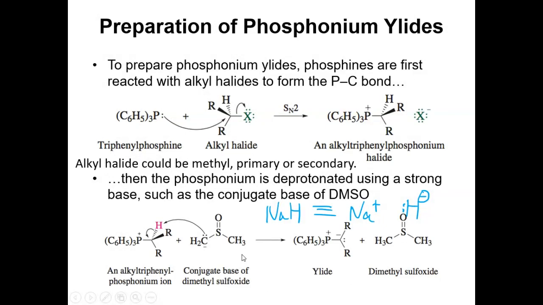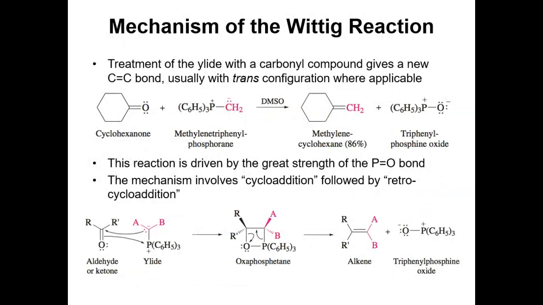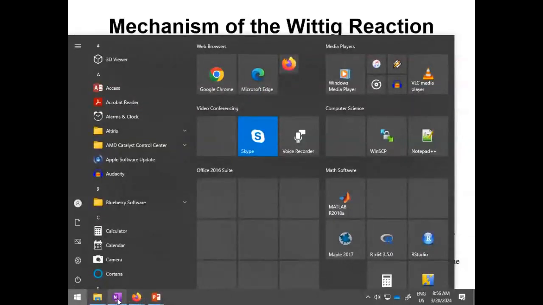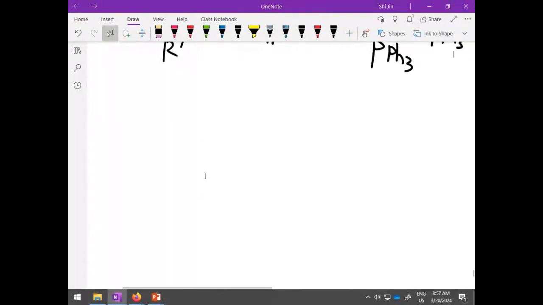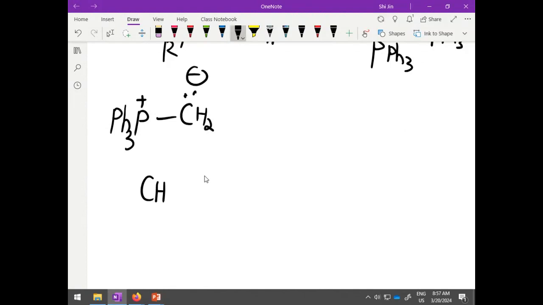So this is how you prepare the ylide. For instance, if we want to prepare this methyl ylide, we can take methyl iodide and treat it with triphenylphosphine.